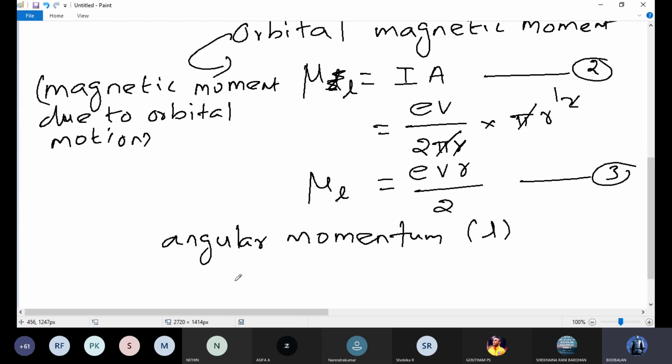It is L, so L equals m e v r, where m e is the mass of the electron. The L direction is upward, the mu L direction is downward. This is equation number 4.